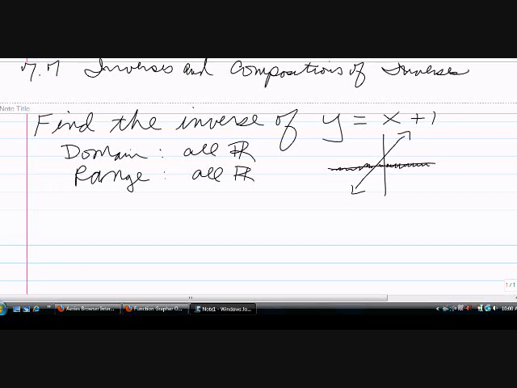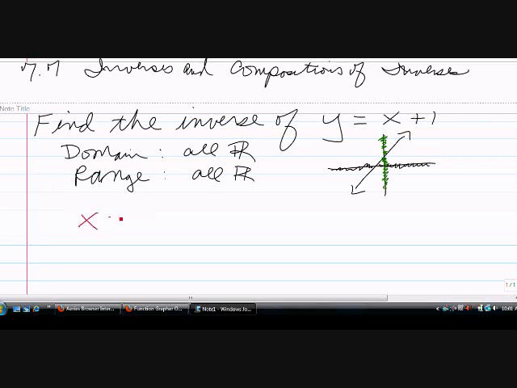And for my range, I'll squish every point to the left to get to the y-axis, to the right to get to the y-axis. Oh, my whole y-axis is covered, so my range is all real numbers. It's a way to figure out domain and range, or you can just kind of memorize things about domain and range. I'm going to give you some techniques for finding domain and range. So that's one.